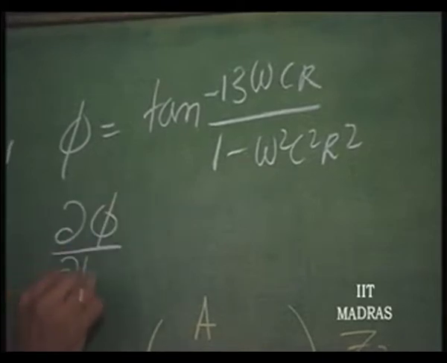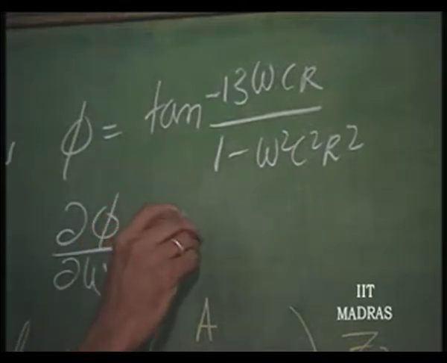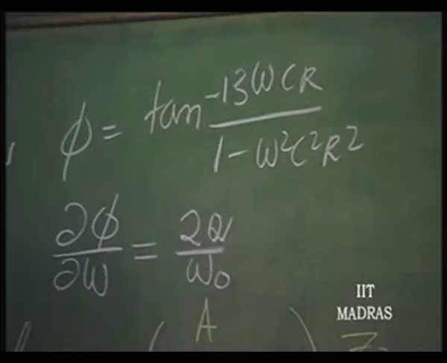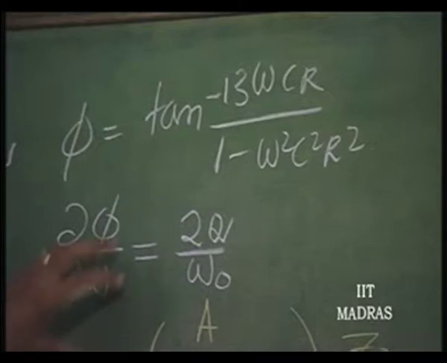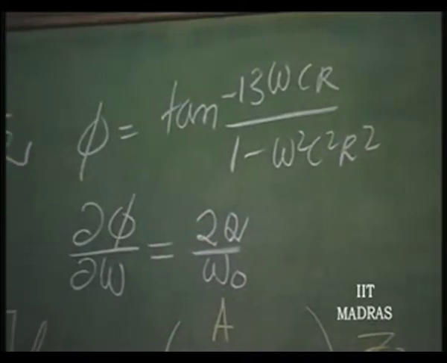Delta phi by delta omega is going to be equal to 2 q by omega naught. This is what we had got earlier, we had derived this. Delta phi by delta omega is equal to 2 q by omega naught for the second order system. What is the q here?